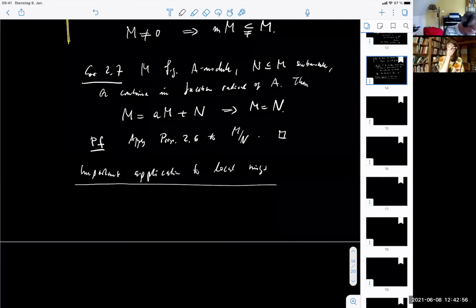Okay. So what is the setting? A local ring, M its maximal ideal.